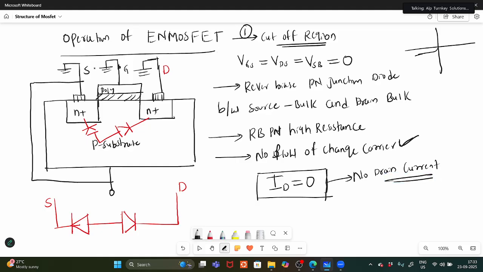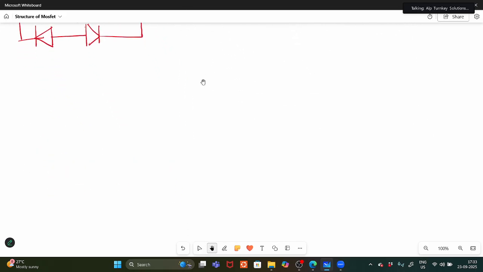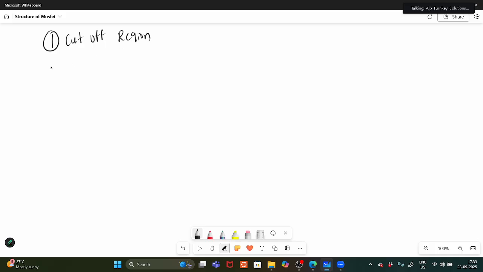So basically we have regions of operation. First the cutoff region, which we already saw, and next you have the linear region, and next the non-linear region.